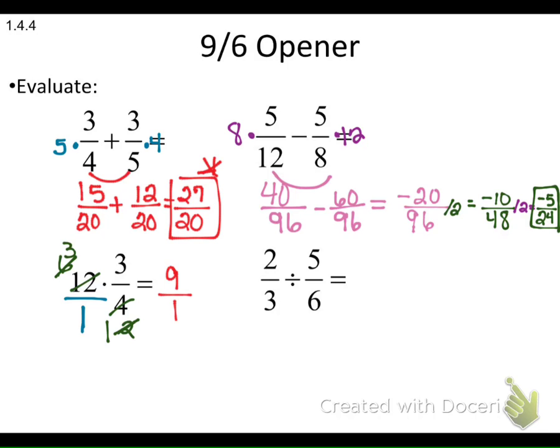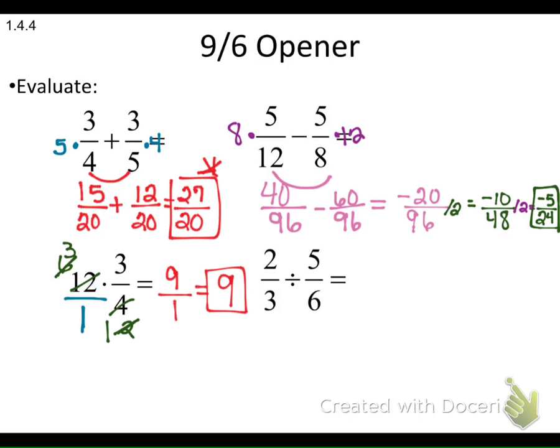If I take 9 divided by 1, what do I get? I just get 9. Or I can just look, because the 1 is in the denominator, I can drop it. Now, if the 1 is in the numerator, let's say it's 1/9, you can't just get rid of it. But if the 1 is in the denominator, you can just get rid of it.